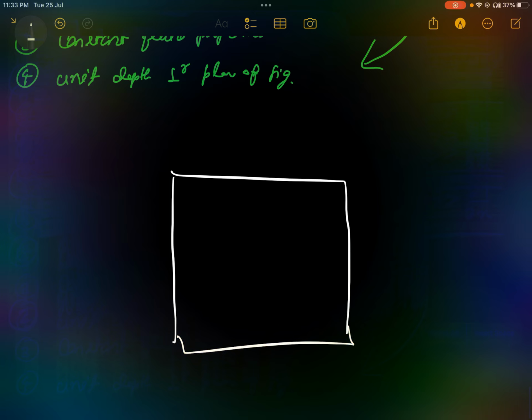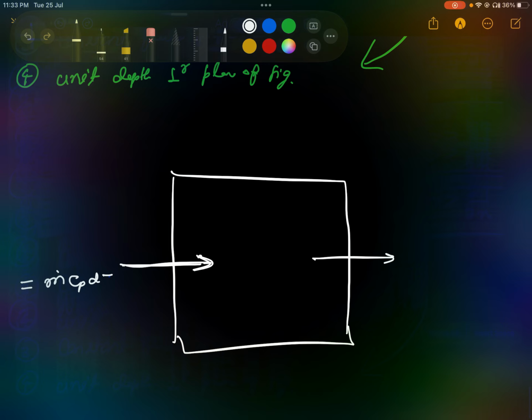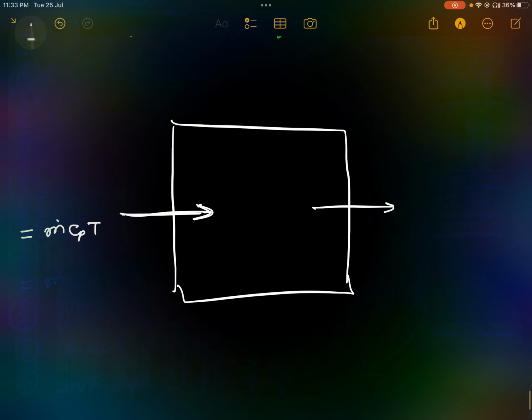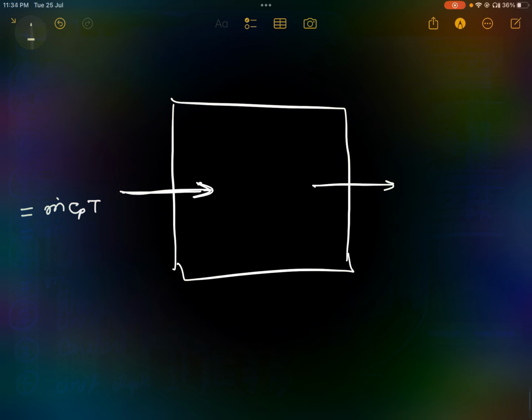Here the heat is convecting in the x direction, so we can take it as the rate of change of m Cp T. This is the rate of energy which is entering inside this fluid element.